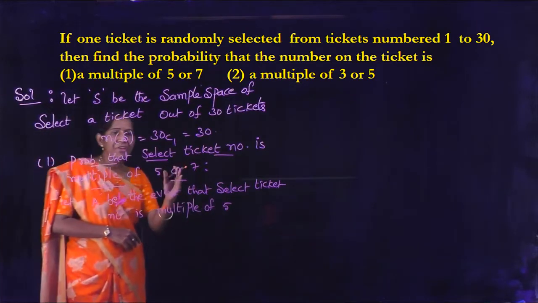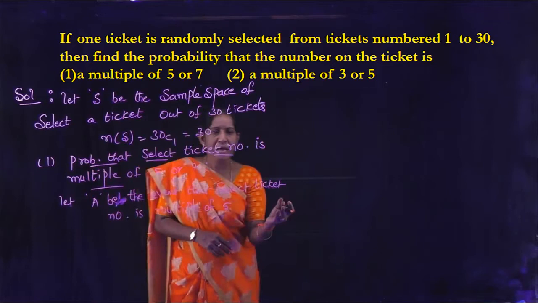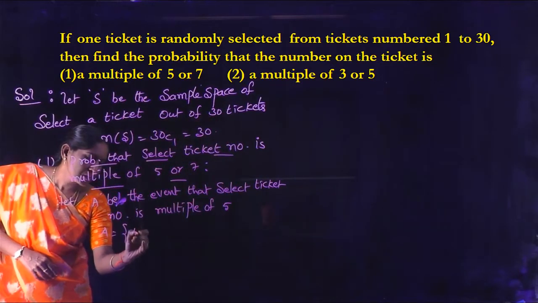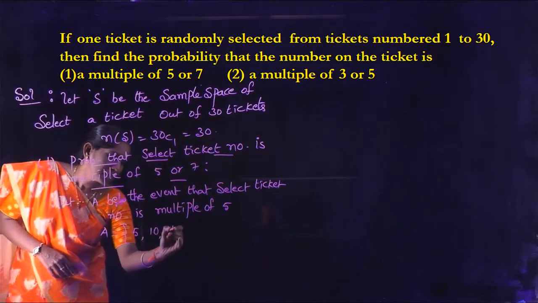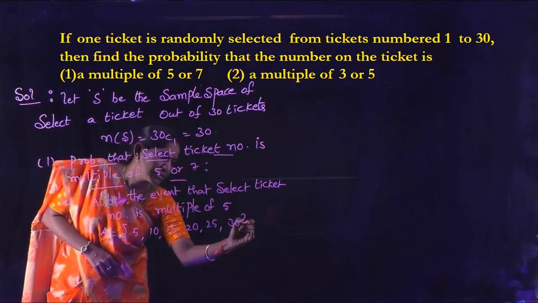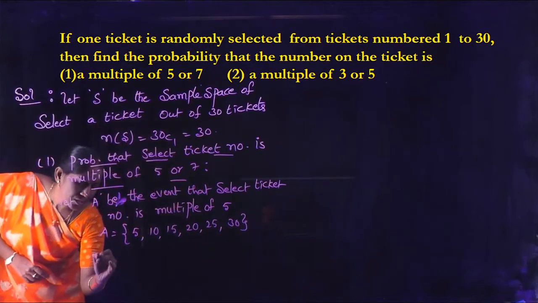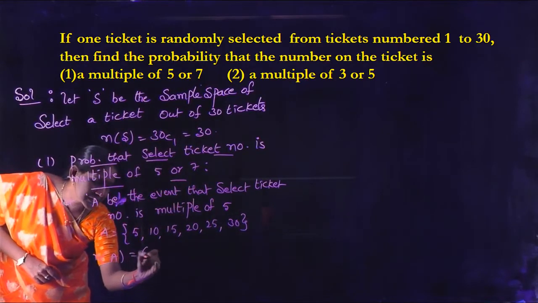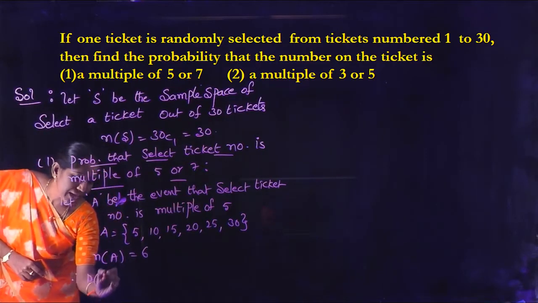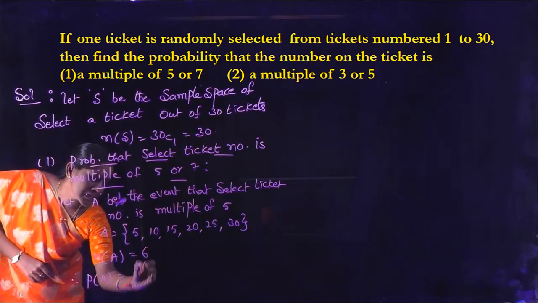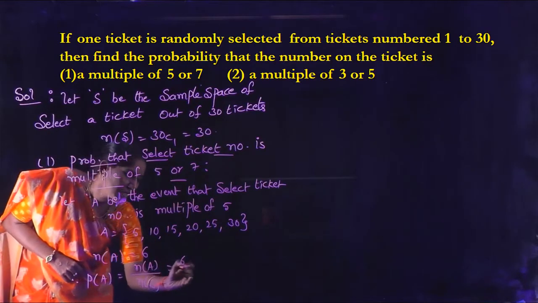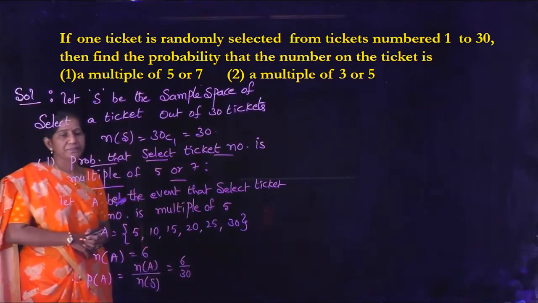So from 1 to 30, the multiples of 5 are 5, 10, 15, 20, 25, 30. Then n(A) is 6. Therefore, we can write P(A), that is n(A) by n(S), that value is 6 by 30.